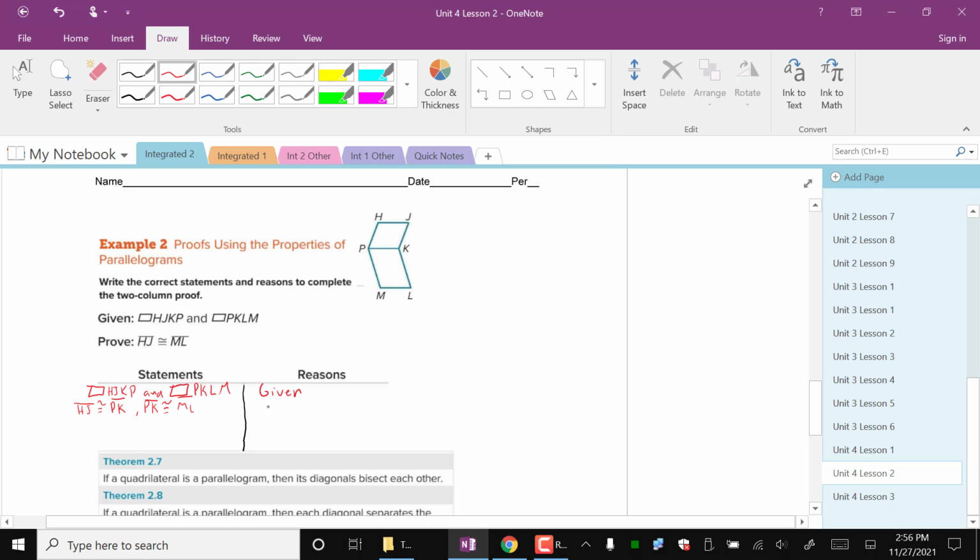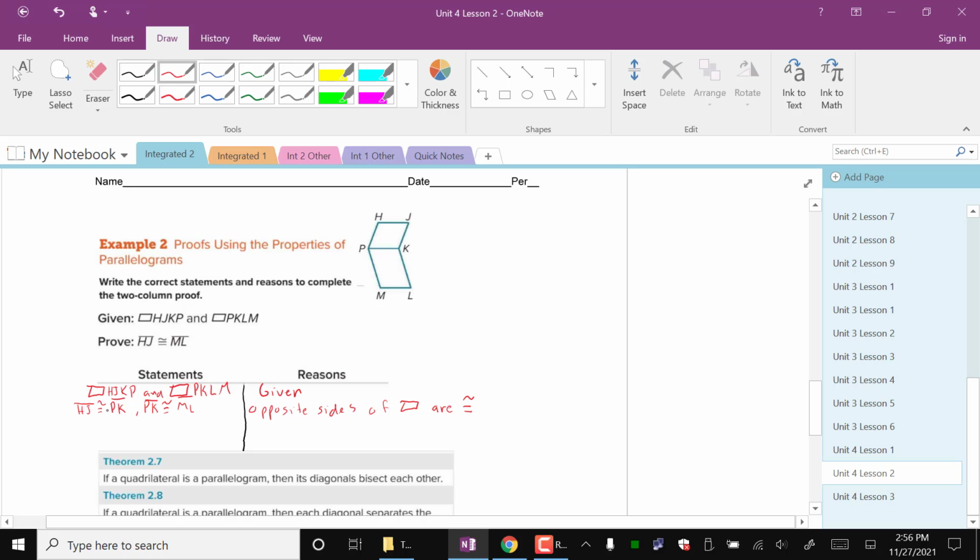And again, this is opposite sides of parallelograms. I'm going to use the symbols here, are congruent.